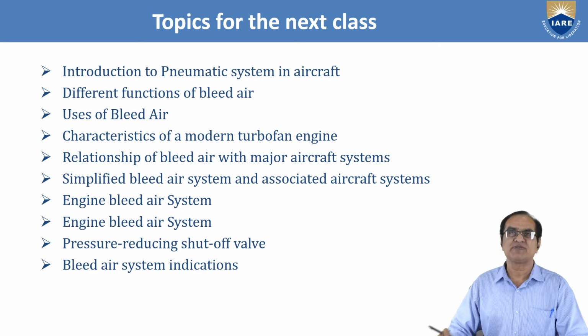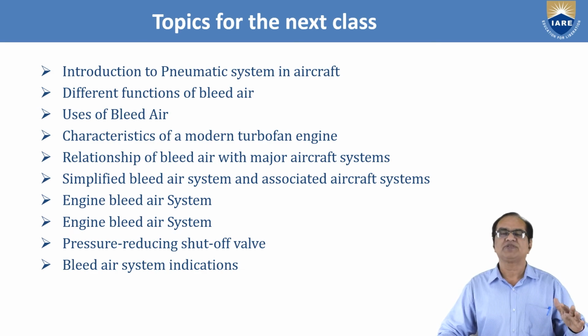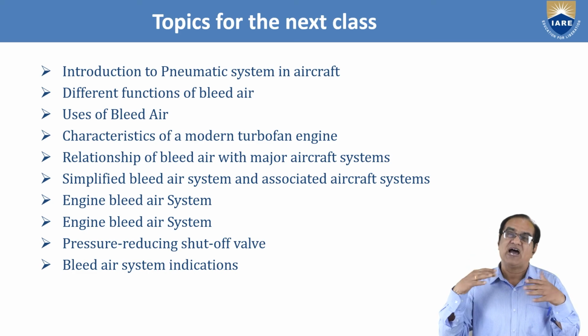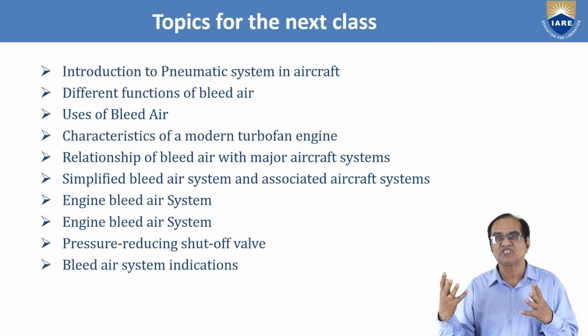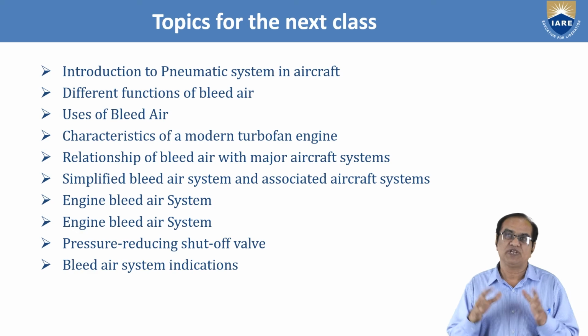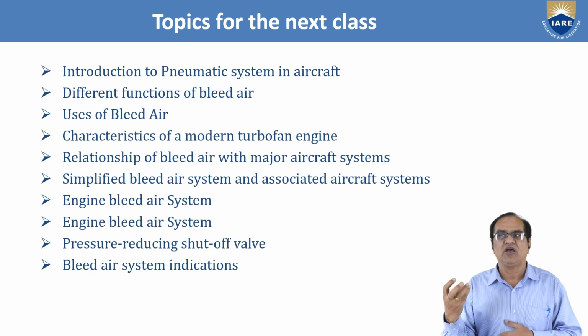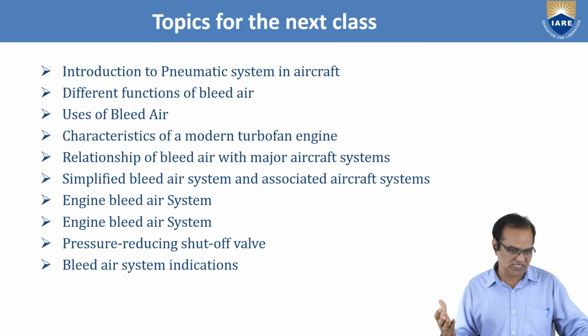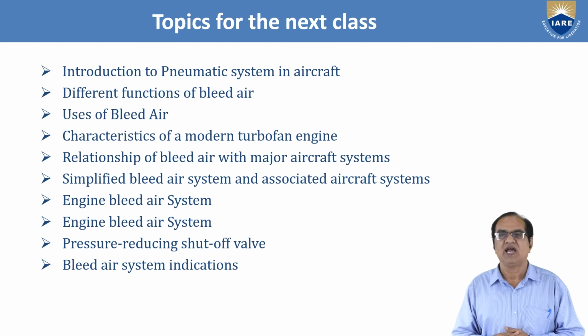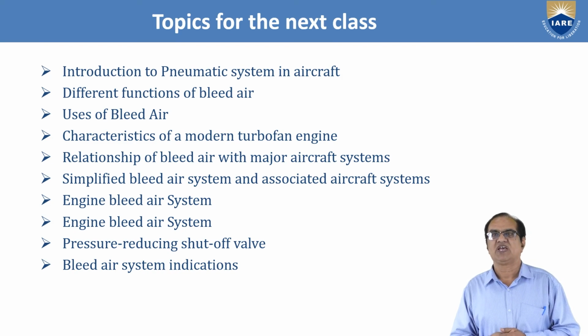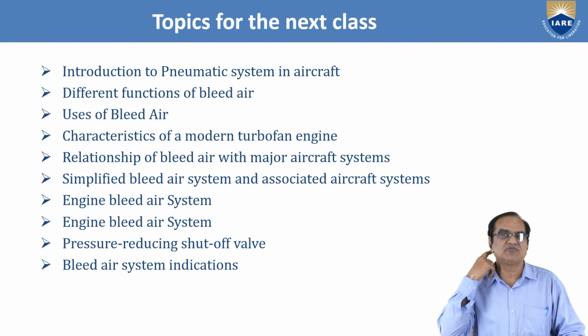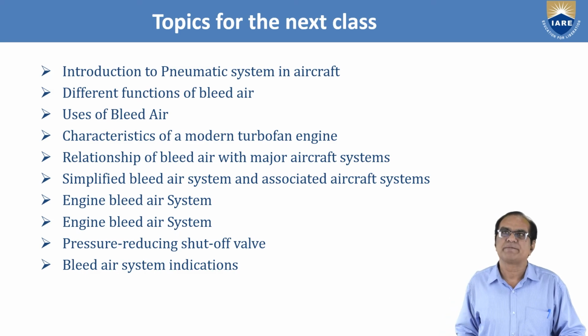Especially, most of these topics are about bleed air, and you know that bleed air is taken from the high pressure or the low pressure compression side of the engine. So in the compressor, we will take some tapping. From there, we will take some air, and this air is used for this type of purpose. So this is the objective of this system.